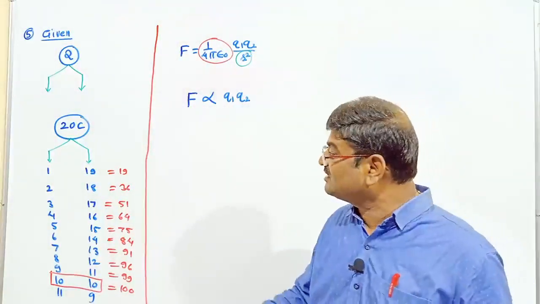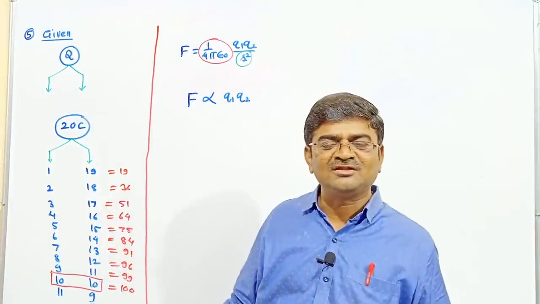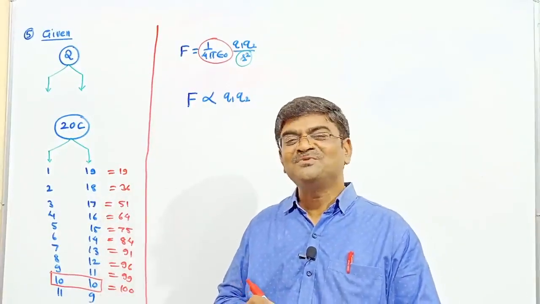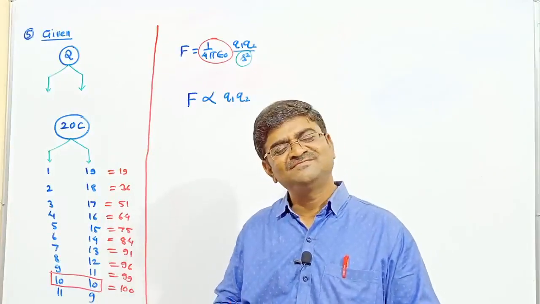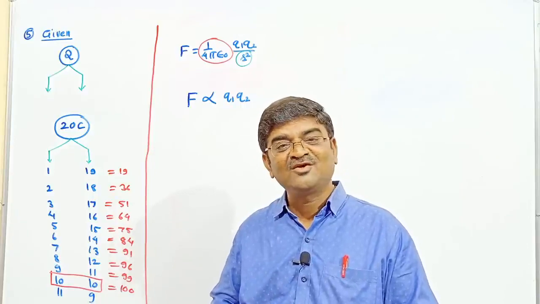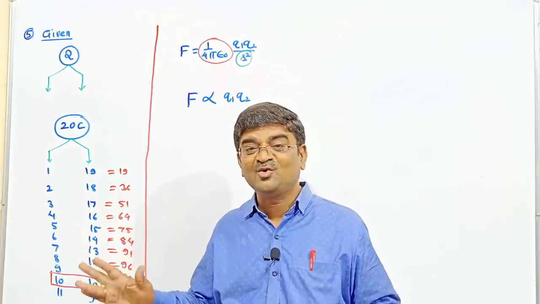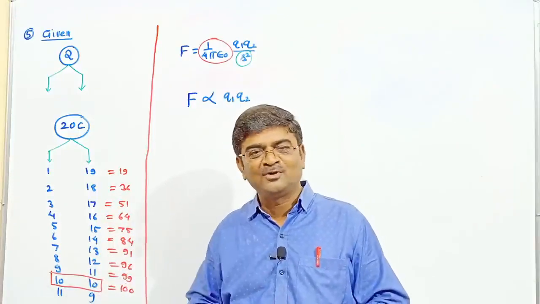If you divide that 20 coulomb on two bodies, with 10 on one body and 10 on the other body, you are going to have maximum force for that pair. And this is what the question actually asked. This is the answer I need to write. This is the rough method I showed you, but I need to go in a systematic way, so I'll go with another approach.